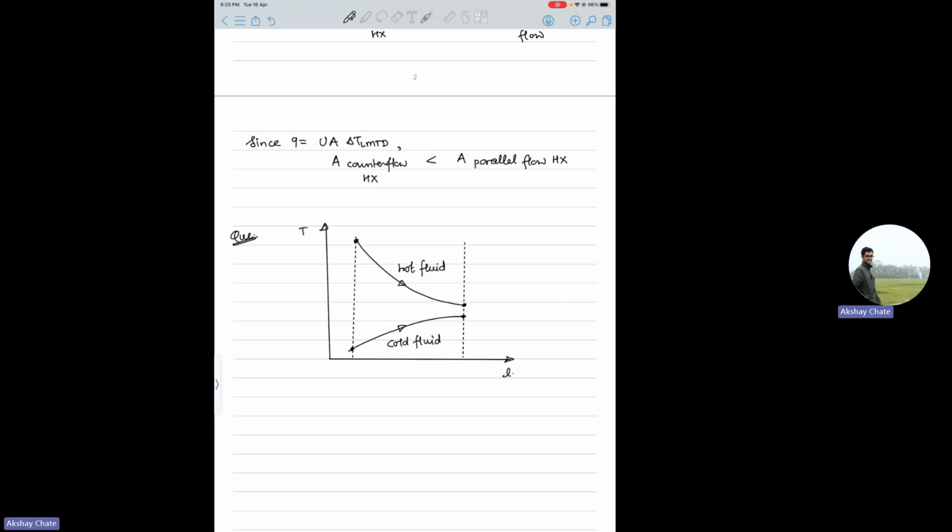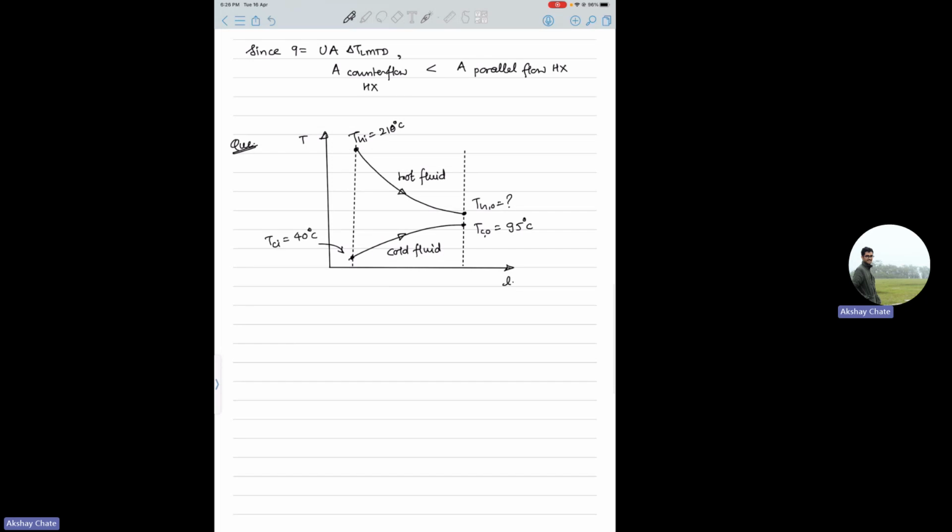It is mentioned that at the inlet, this Thi is 210 degrees Celsius. At the outlet, it is unknown. The cold fluid temperature at the inlet is 40 degrees Celsius, and at the outlet it is 95 degrees Celsius. So it is given in the question. Mass flow rate for both hot and cold fluids is given as 0.125 kg per second.